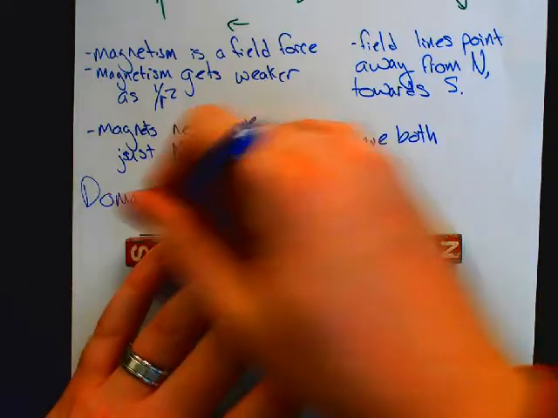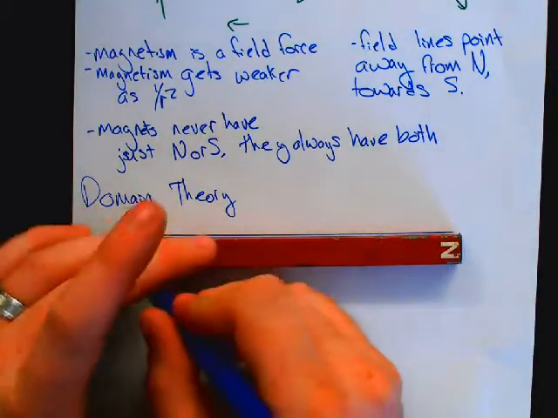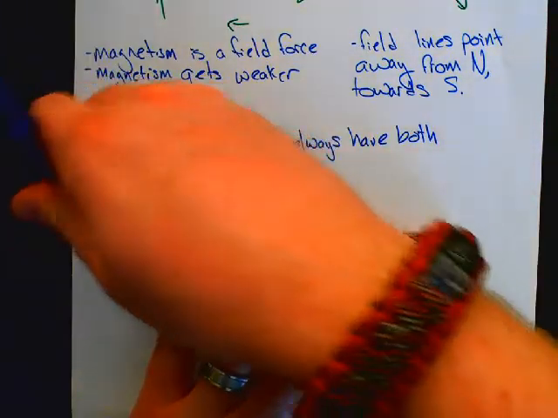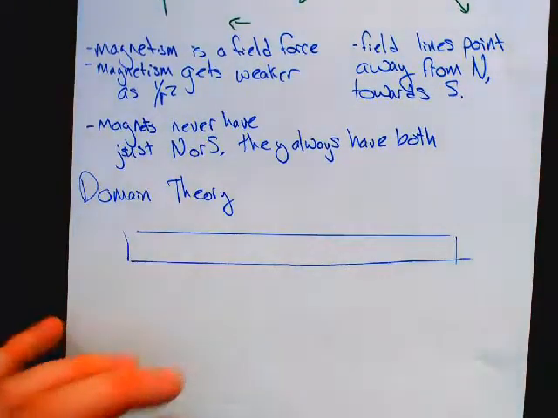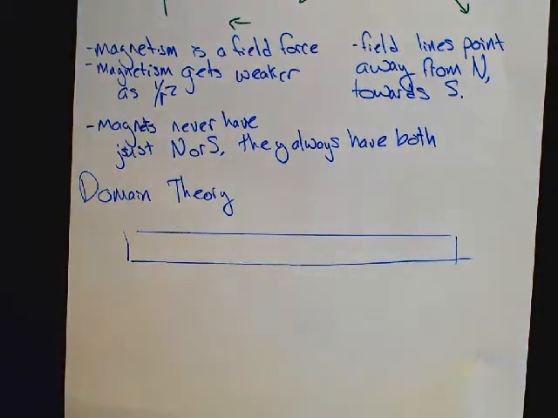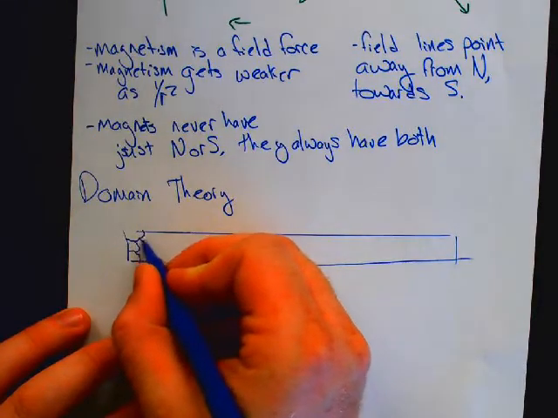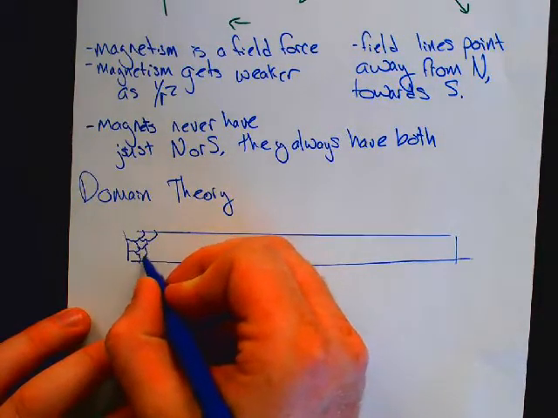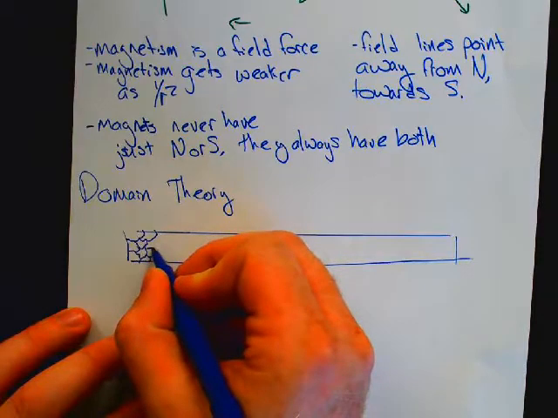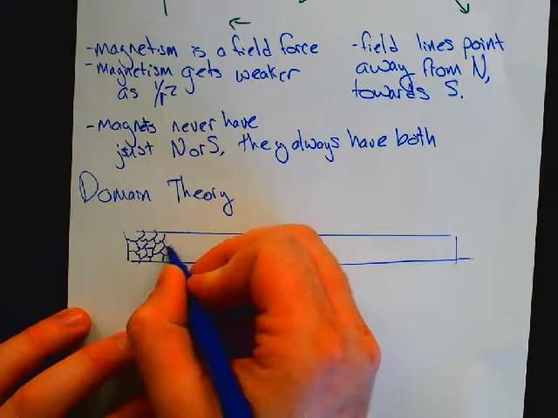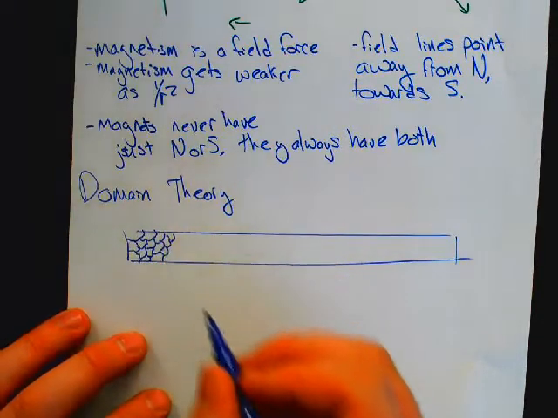So I'm just going to grab my magnet, move it down here, and I'm going to redraw it. So a magnet is composed of a whole bunch of small areas called domains. And each of these domains is basically a tiny magnet. And in order to be a tiny magnet, it's a small group of atoms that have the same electron spin.